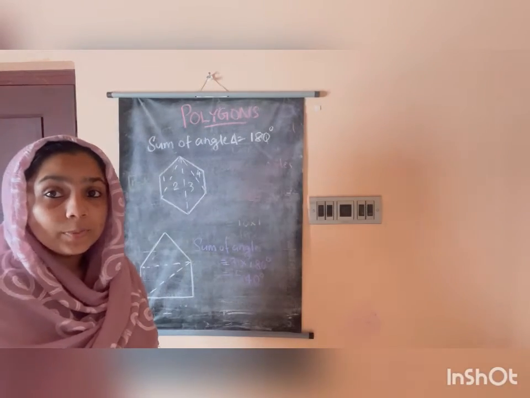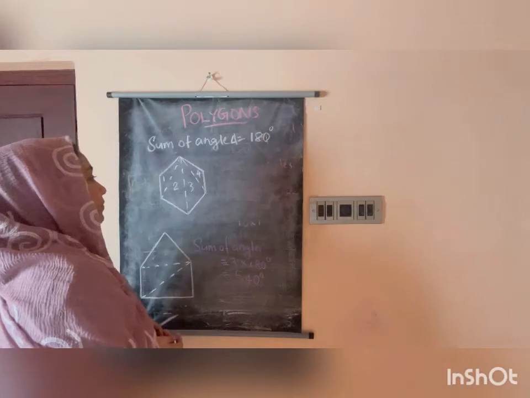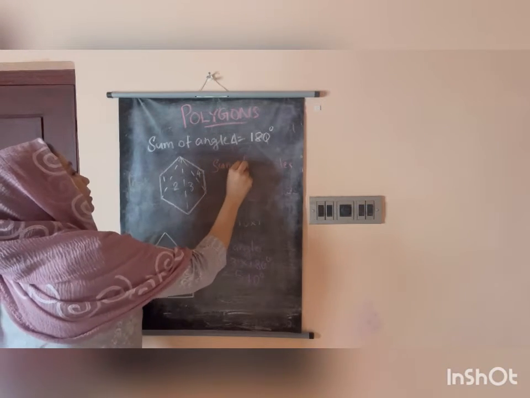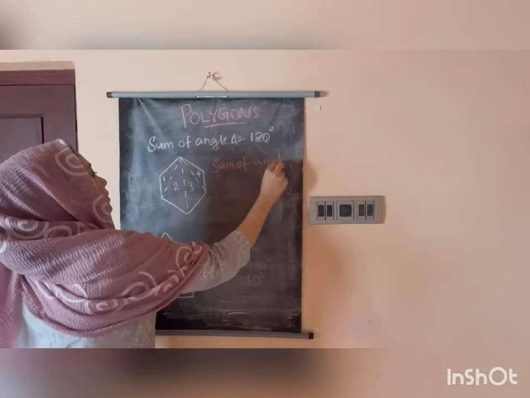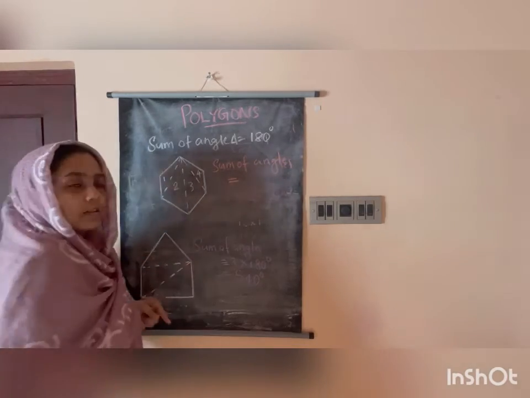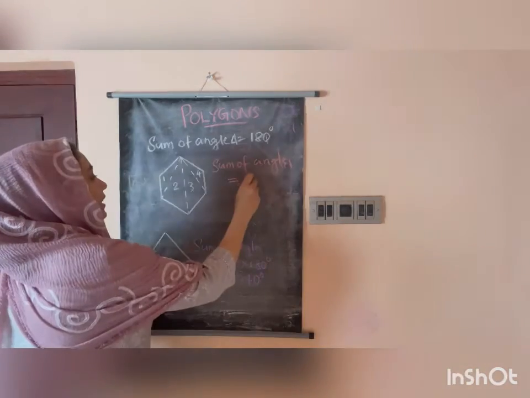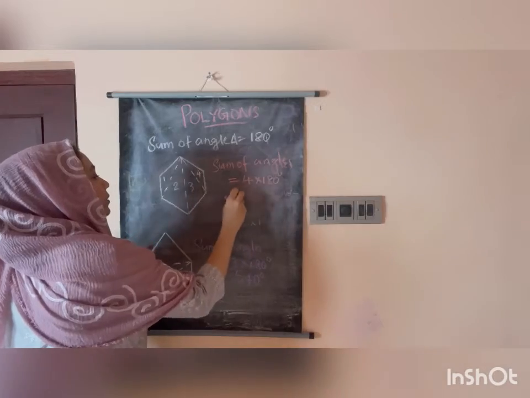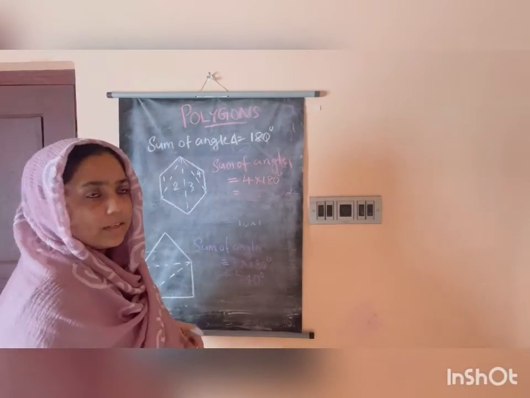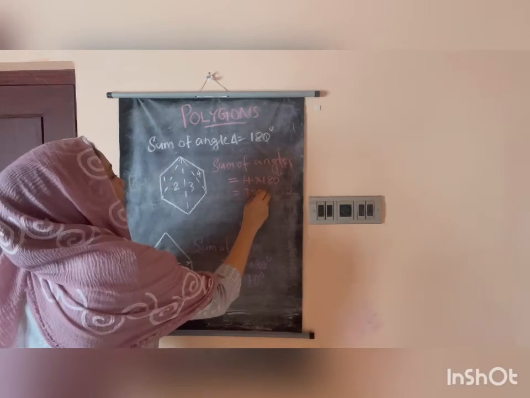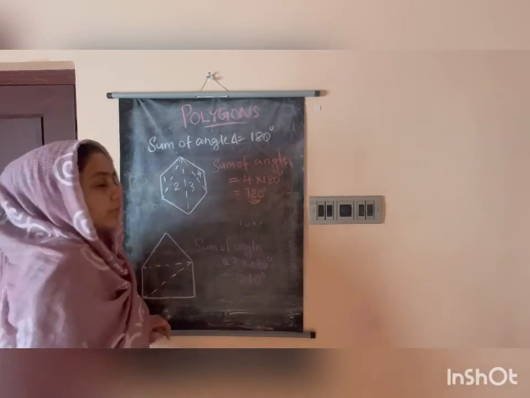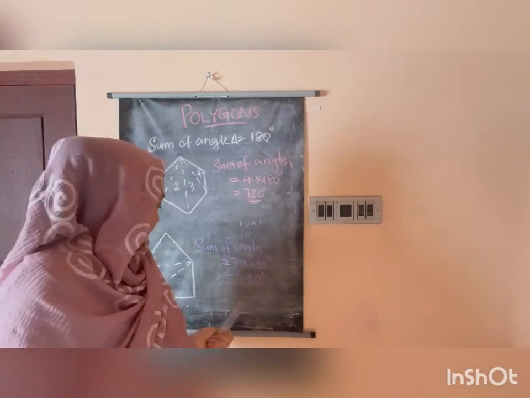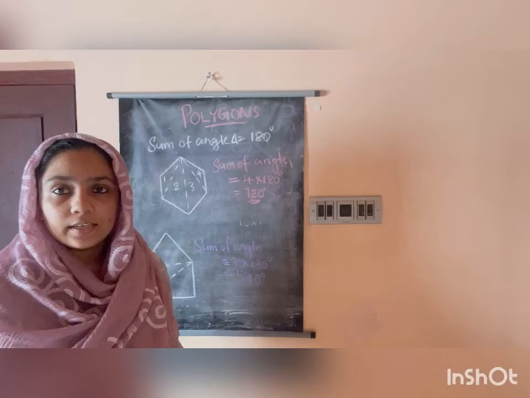Then what will be the sum of angles? How many triangles did we get? 4 into 180 degrees, which is equal to, yes, 720 degrees. So we found the sum of angles of a triangle, quadrilateral, pentagon and a hexagon.